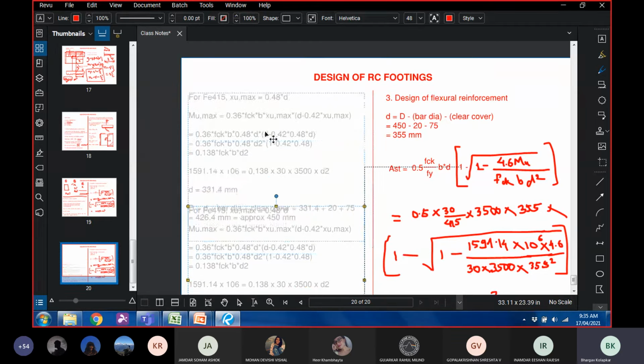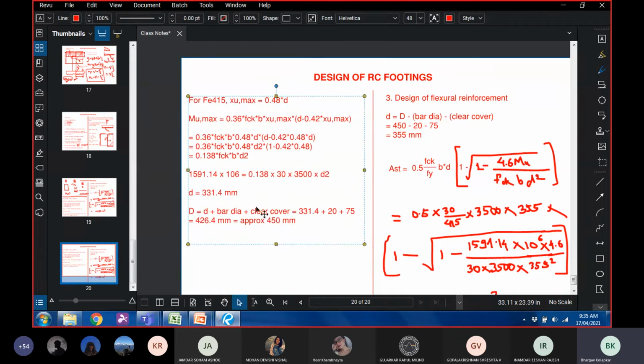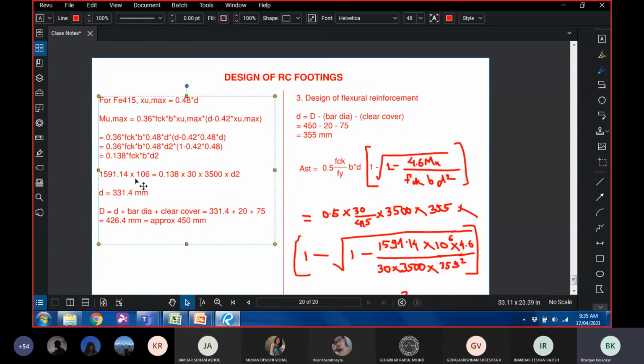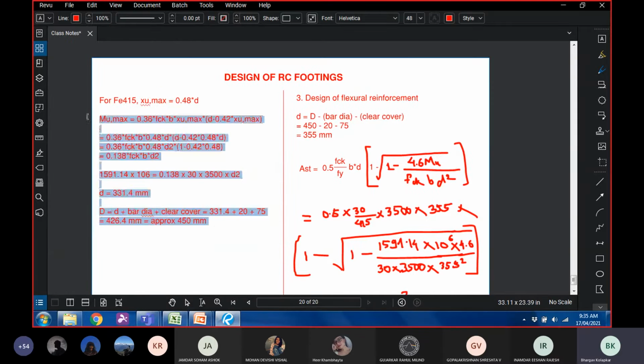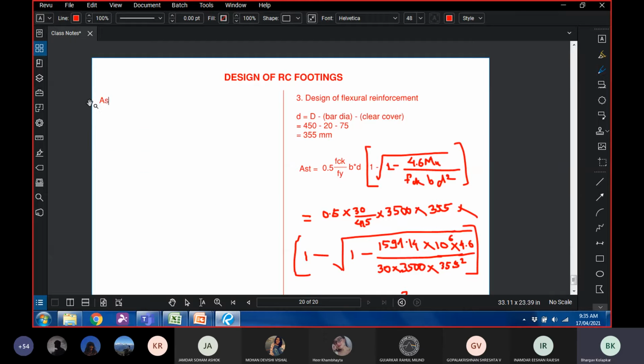If you remember, we talked about minimum reinforcement: it is 0.12% if it is Fe415/500, and 0.15% if it is Fe250. So the Ast minimum to be provided is 0.12% of bD, of the gross area.